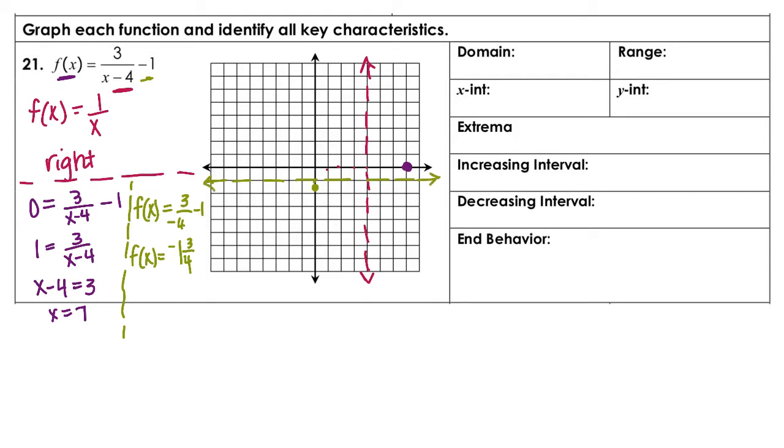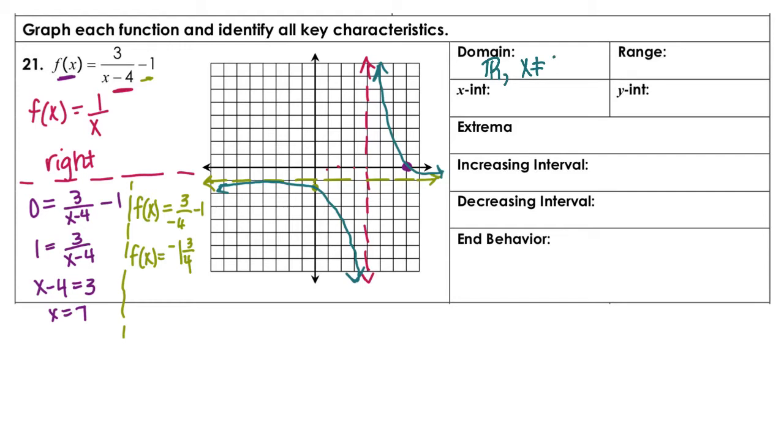And so now we can do our general sketch of this. So here we're going to run right along that asymptote and then take a nosedive. And then up here, same thing. We're going to run along those asymptotes and then take a nosedive there. All right, so now let's fill in our information. So over here for our domain, we're going to have all real numbers except, and that's going to be where that asymptote was, that vertical asymptote.